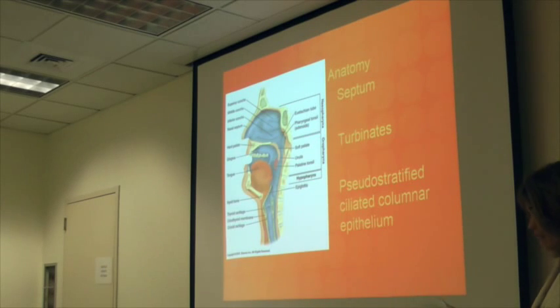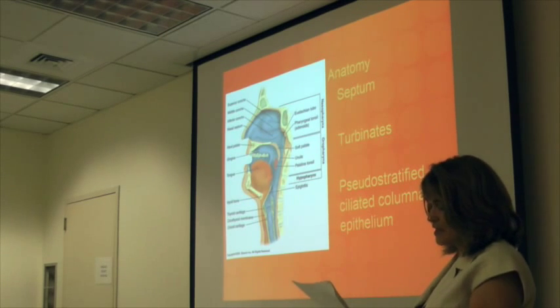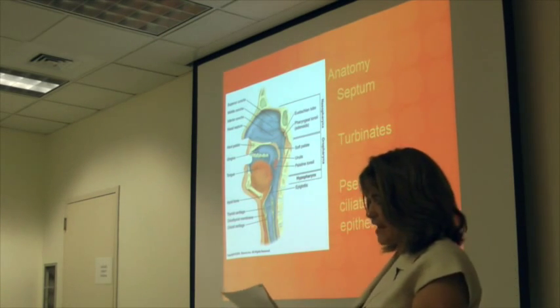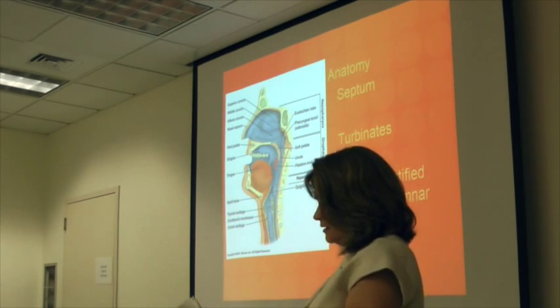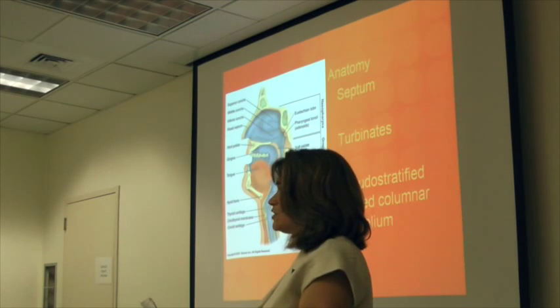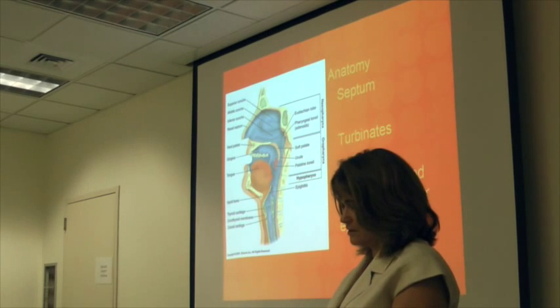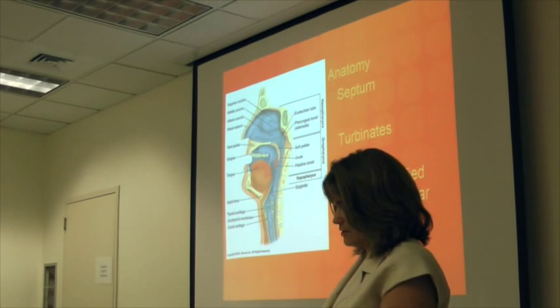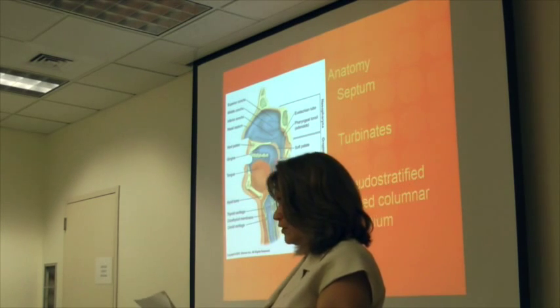So to write down some information on the turbinates, in your book they're called conchae, C-O-N-C-H-A-E. And then you can write that they project into the nasal passages. And they create turbulent flow.